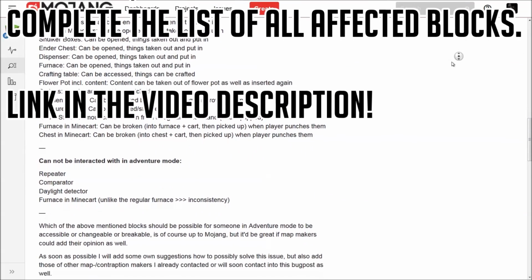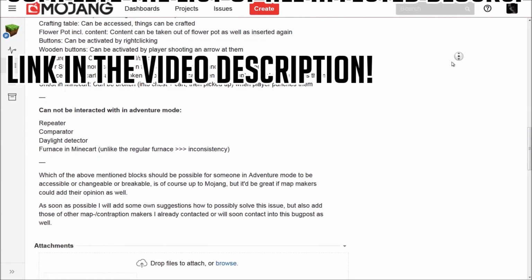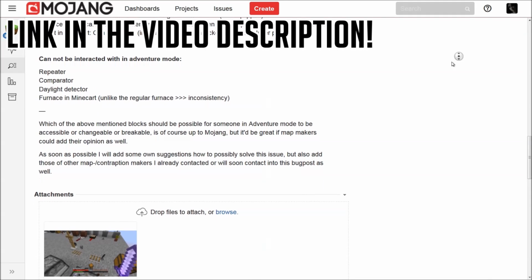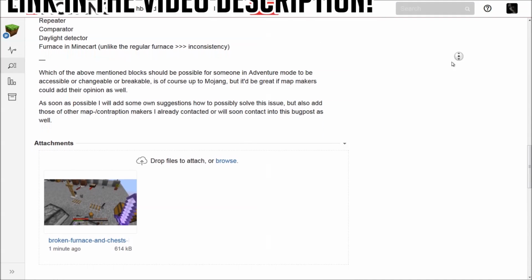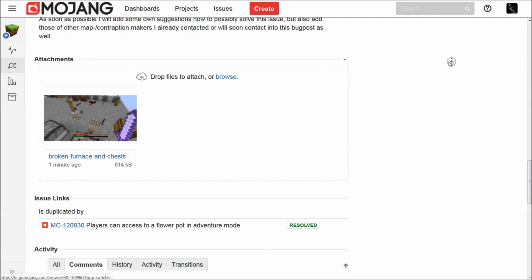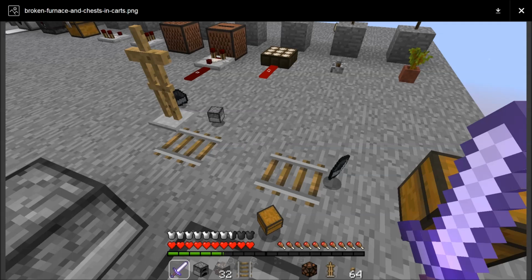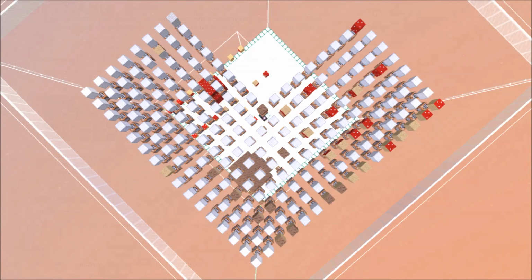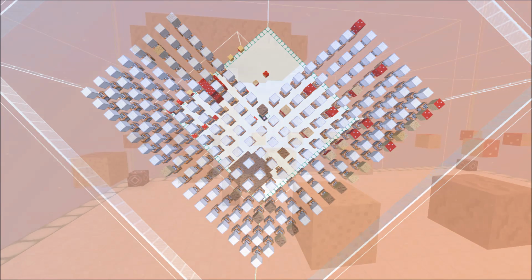As soon as I publish both posts, you will find the links to them in the video description. Please have a look at them and support them if you like the idea and would love to have that in vanilla creative. It would make things less complicated for map makers and open up many more possibilities. Just imagine hundreds of unalterable blocks in Minecraft vanilla creative and no mods whatsoever. That would be so great.